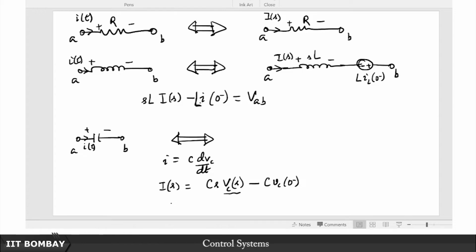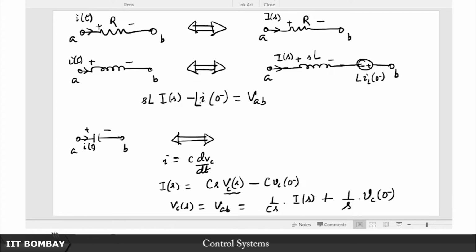So it means that Vc(s), which is basically VAB, is nothing but 1 by Cs times I(s) plus 1 by s times vc(0-). This is a small v, by the way, even if it looks like a big V. So this is going to be the analogy.